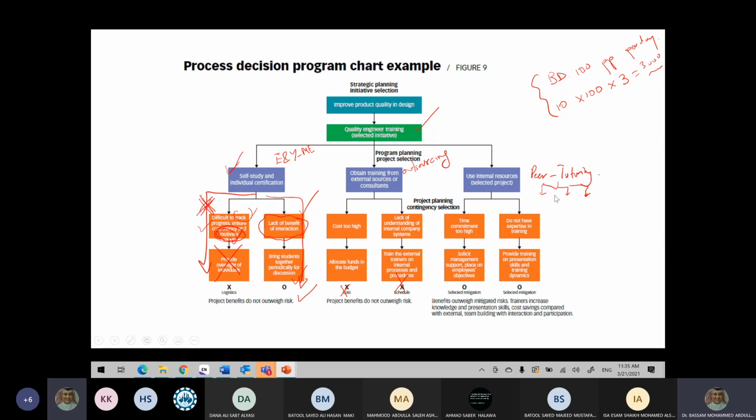So you can see that this is a beautiful solution that many companies, and we as a university or chemical engineering department, use our internal resources.